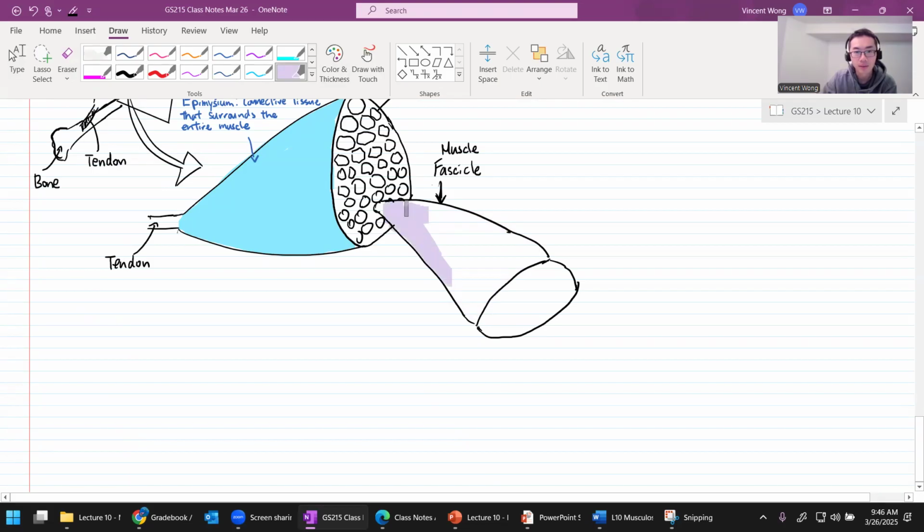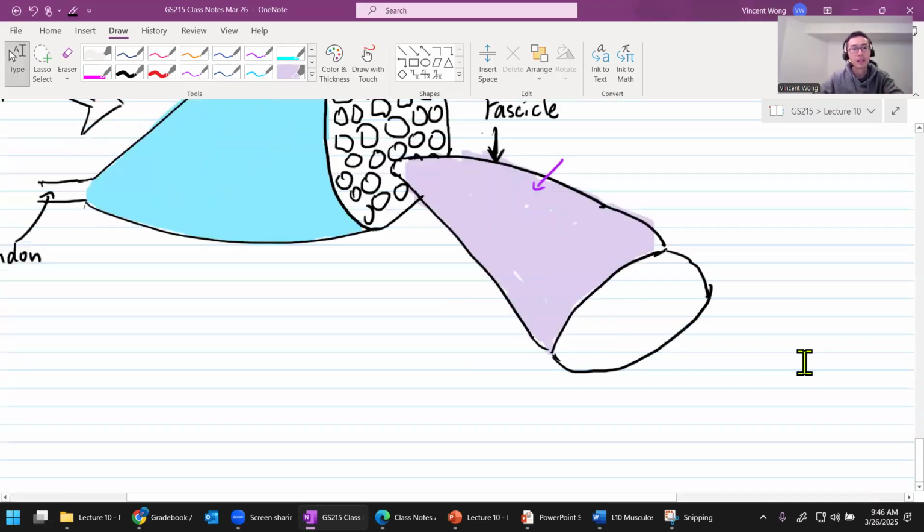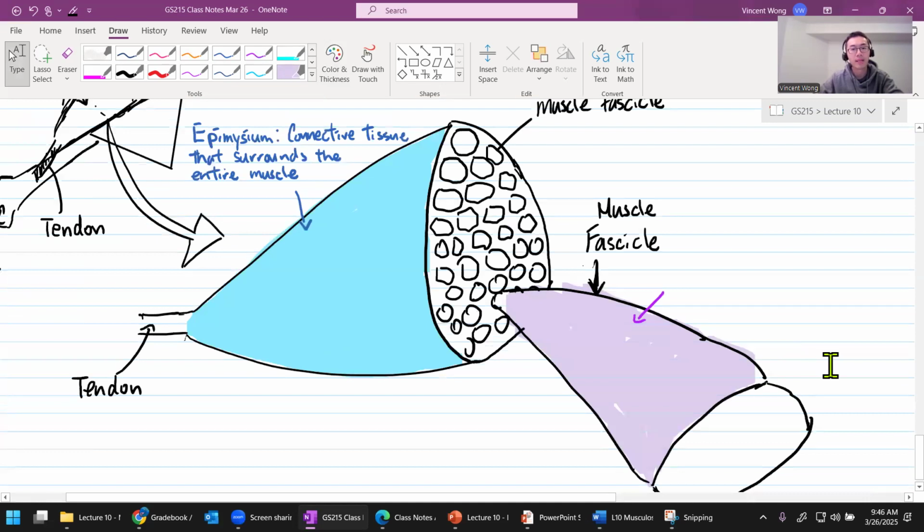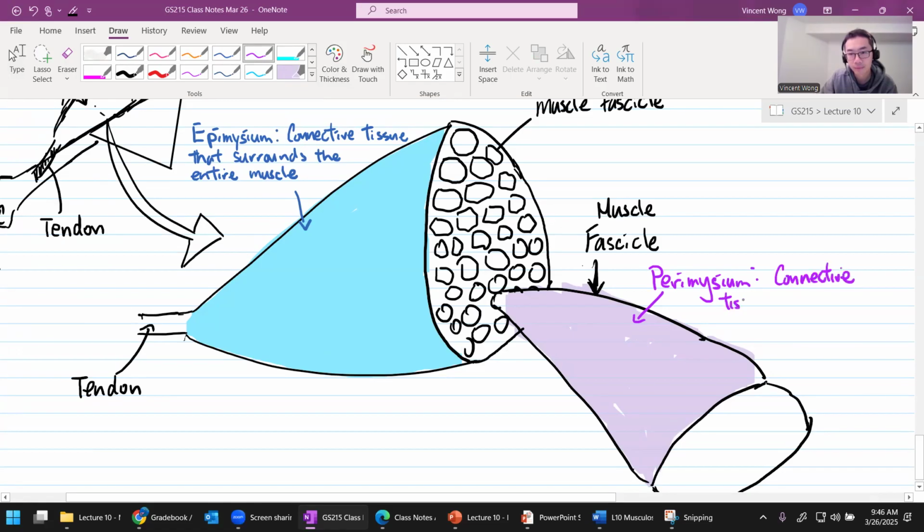Another layer of connective tissue. And this is called, instead of the epimysium, the perimysium. Connective tissue that surrounds a fascicle.